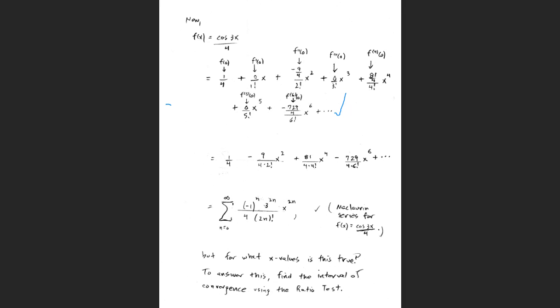Now, this term here, negative 9/4 over 2 factorial times x squared. The 2 factorial, you can put that over 1.